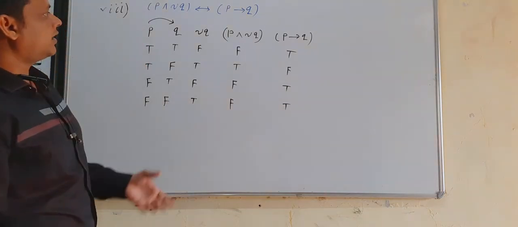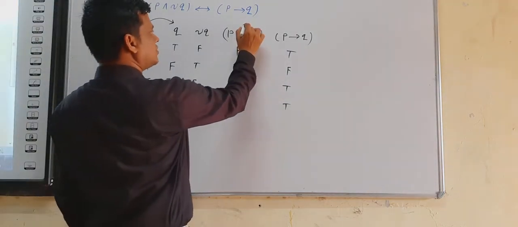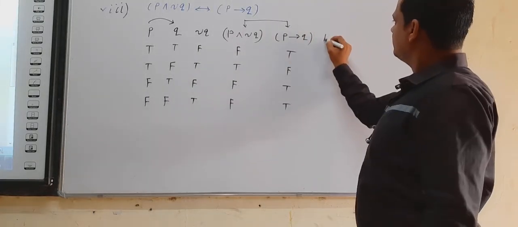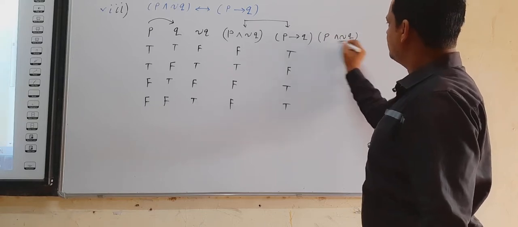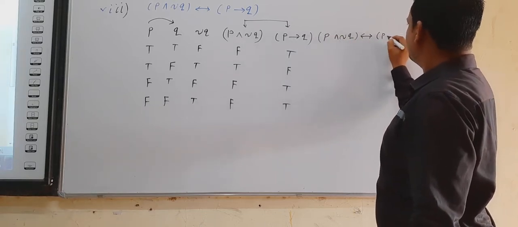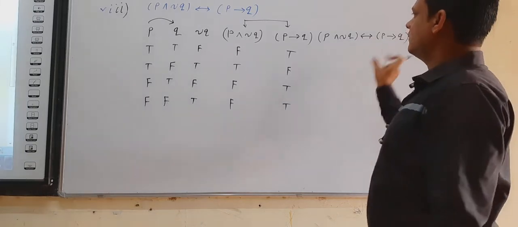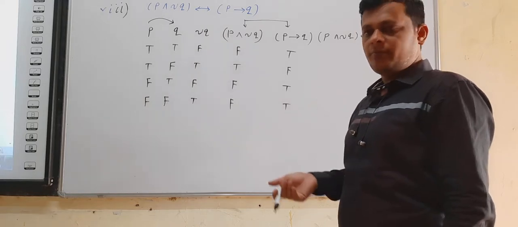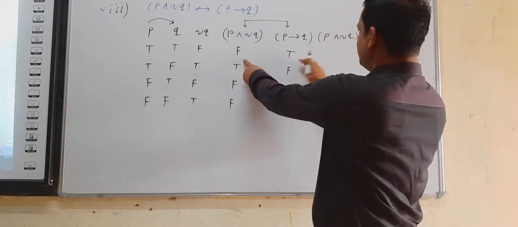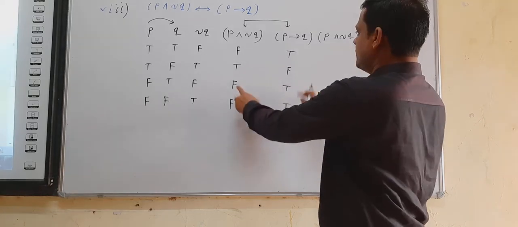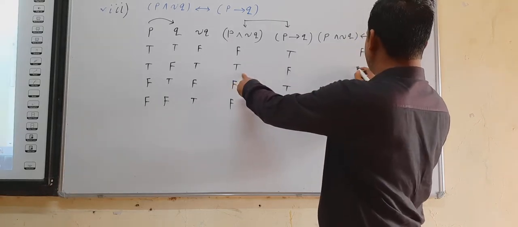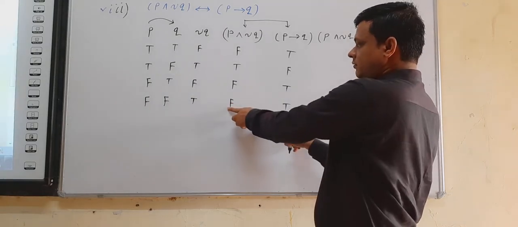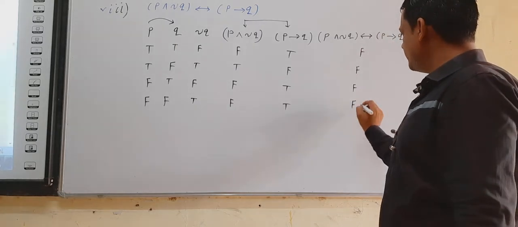Now we have to take the double implication between these two statements: P and negation Q, double implies P implies Q. For double implication, if both the entries are same, then its truth value is T, otherwise false. Both the entries are not same, therefore its truth value is F, in every row.